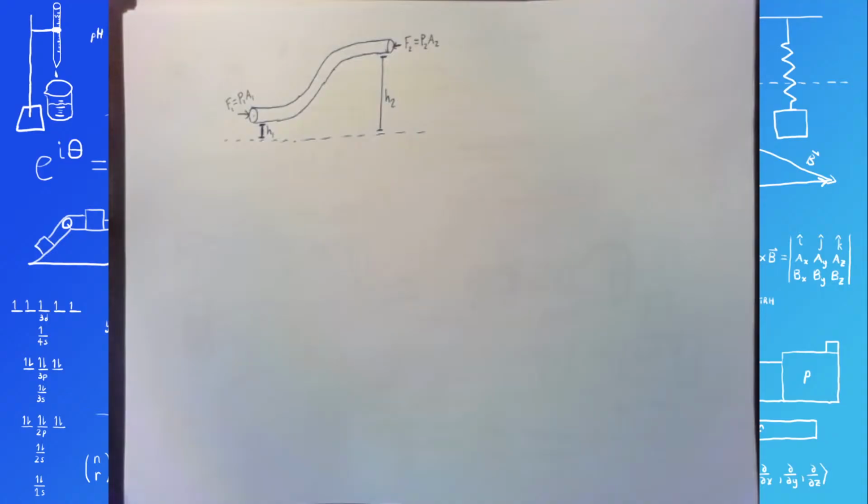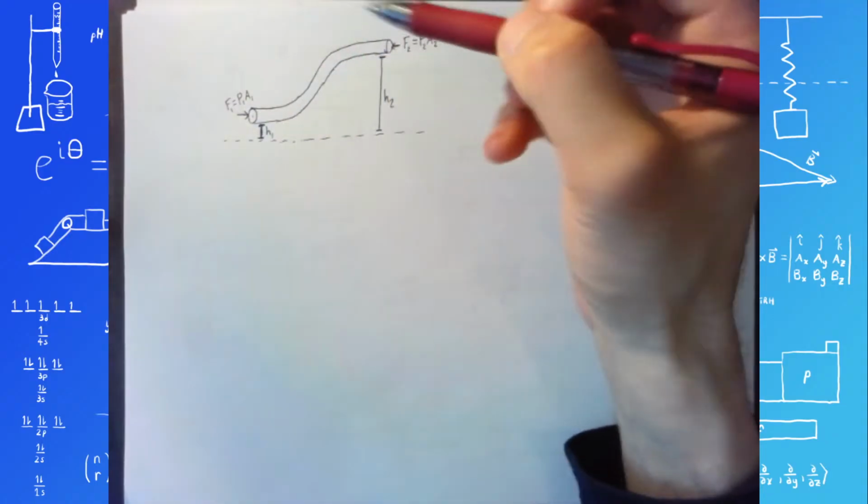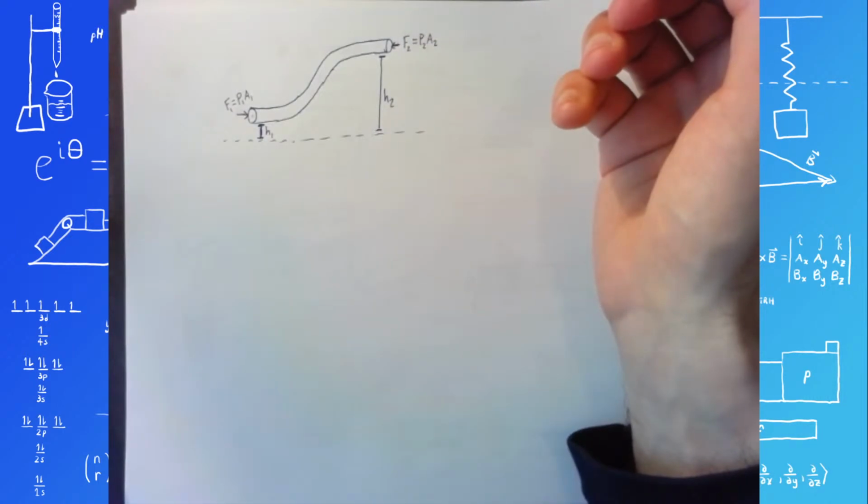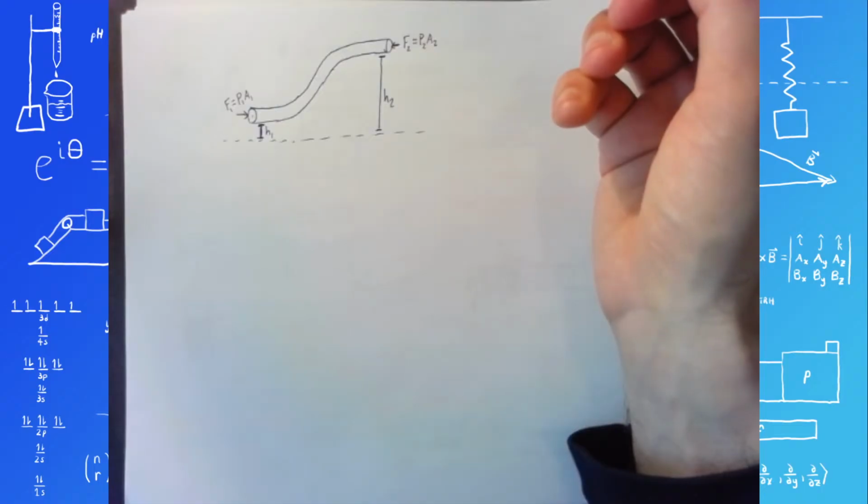So some work is going to be done by this force and against this force. Let me think. I feel like I'm forgetting part of this derivation here. What am I forgetting?